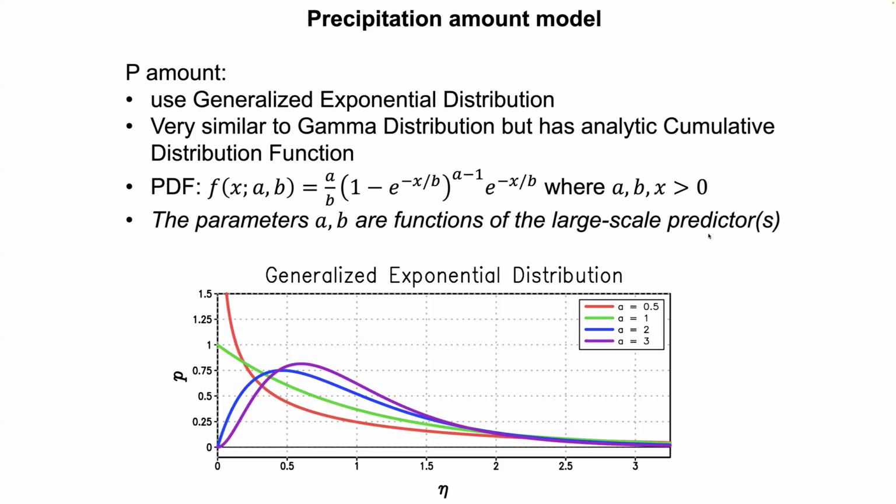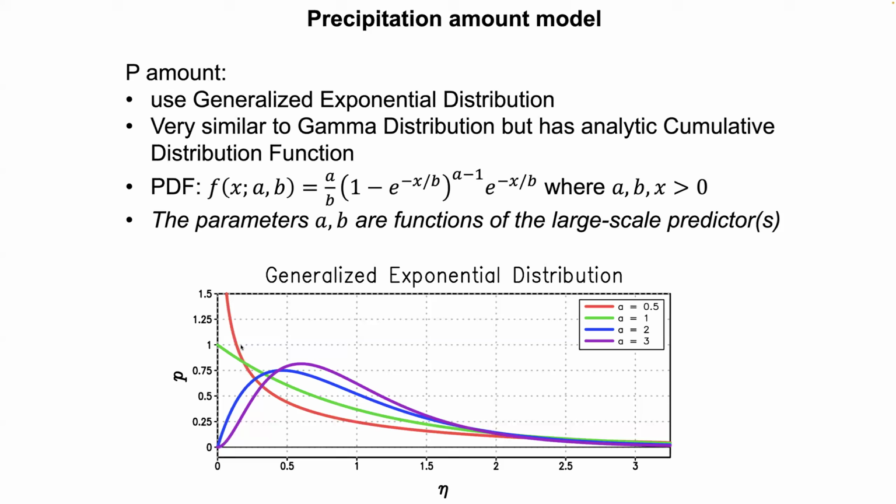So for example, maybe the reanalysis or your climate model is suggesting that a location is wet, really humid, winds blowing right off the Gulf of Mexico and so forth, all conditions favorable for heavy rainfall. And so that would affect the choice or the value of A and B. And so here's some examples for different values of A, for example, in this equation.